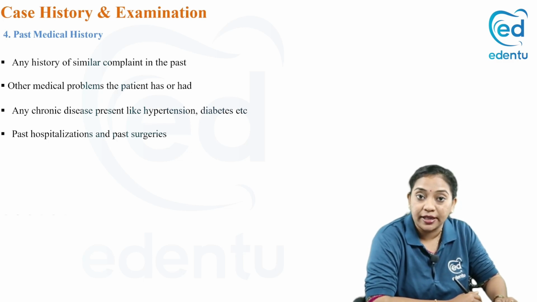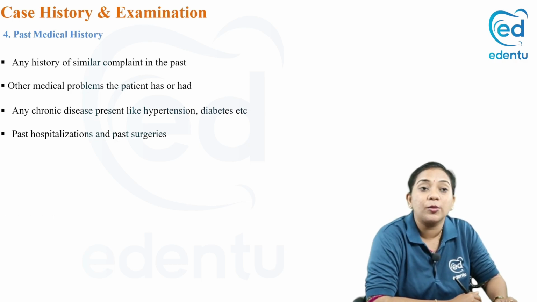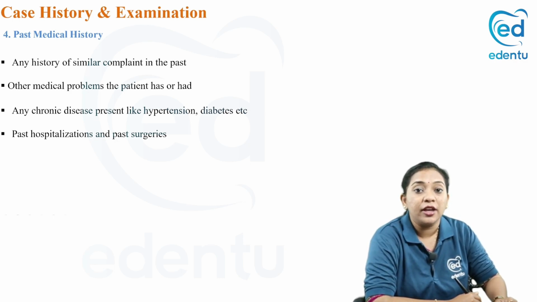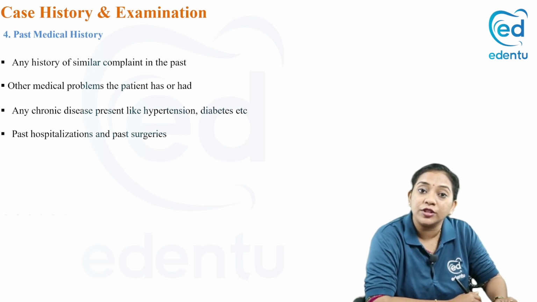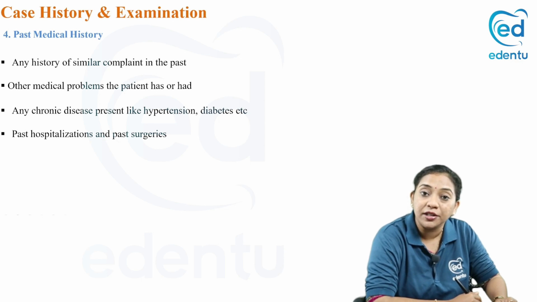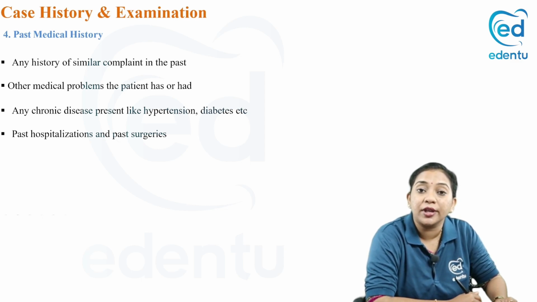Next, about the past medical history. The importance of past medical history is that when you're going to treat a patient, you should know whether the patient has any sort of medical history. For example, if I'm going to do an extraction and I'm not asking for any relevant history of his medical system, that is, if he has any medically compromised conditions, I'm going to directly do the extraction.